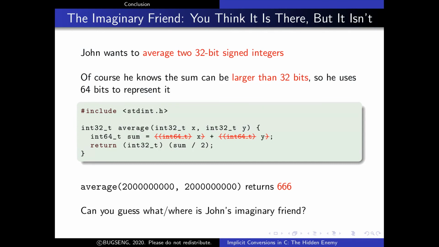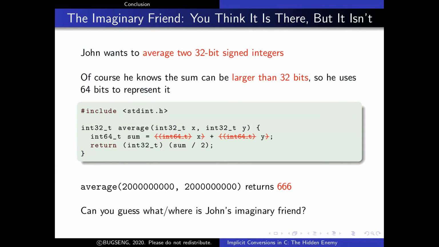Whereas this is not true. This is an imaginary friend of John. So x plus y, the addition will be performed in 32 bits, and maybe it will give rise to overflow, which is undefined behavior. So actually any number can be returned, including 666.